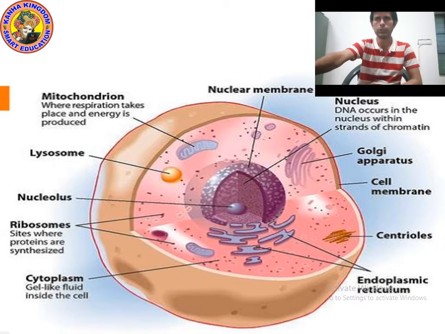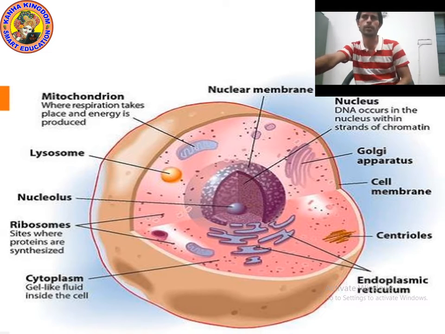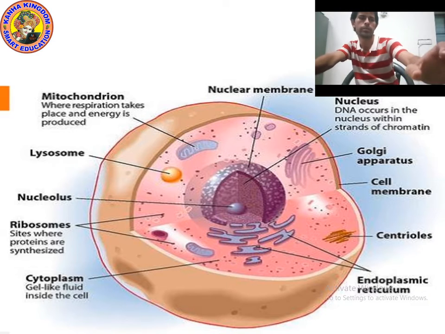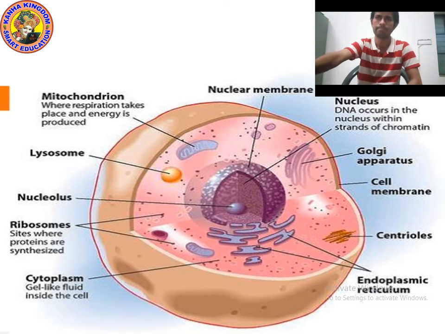Can you see the nucleus in purple color? Can you see the endoplasmic reticulum? Endoplasmic reticulum is also a part of our cell, and centrioles.